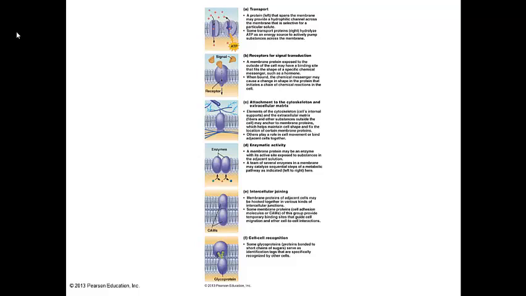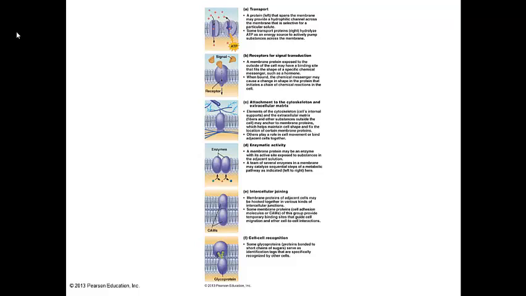The next thing they talk about are some of the proteins that are on the surface and some of their jobs. Some of them transport, help things move in and out. And we see this on page 66 in our textbook. Some of them will change chemically and cause chemical reactions to occur within the cell when they come in contact with other things.